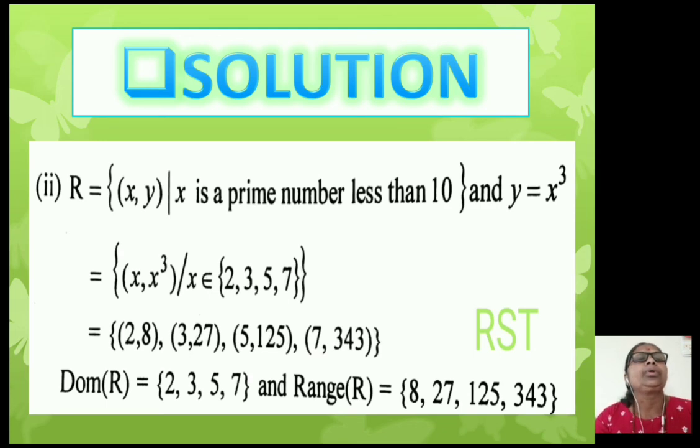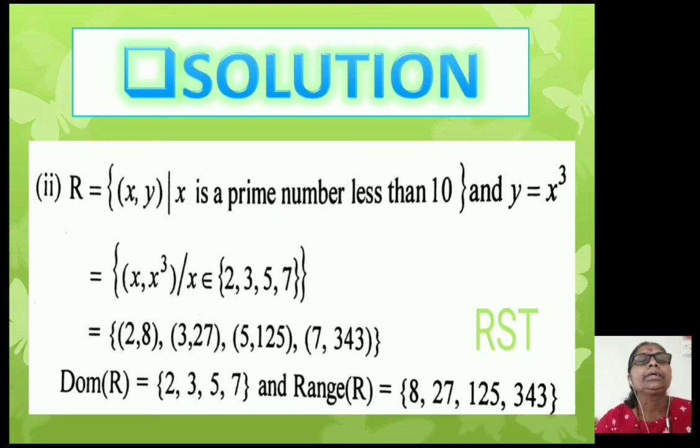Now consider x as the third element of the set, that is x is 5, so the third ordered pair is (5, 5 cube), that is (5, 125), and the last element is 7, and 7 cube is 343, so the last pair is (7, 343).